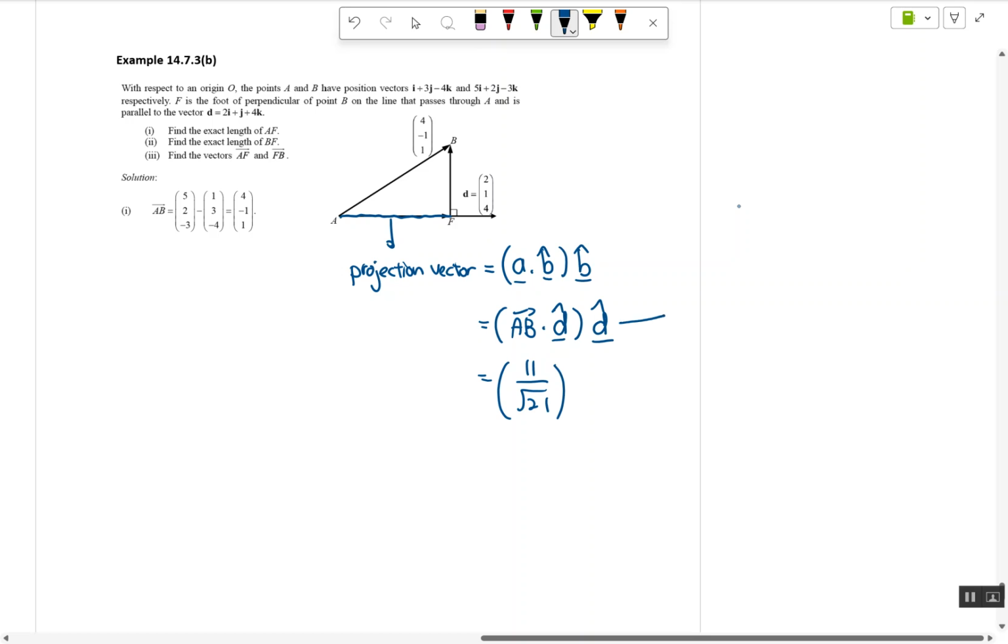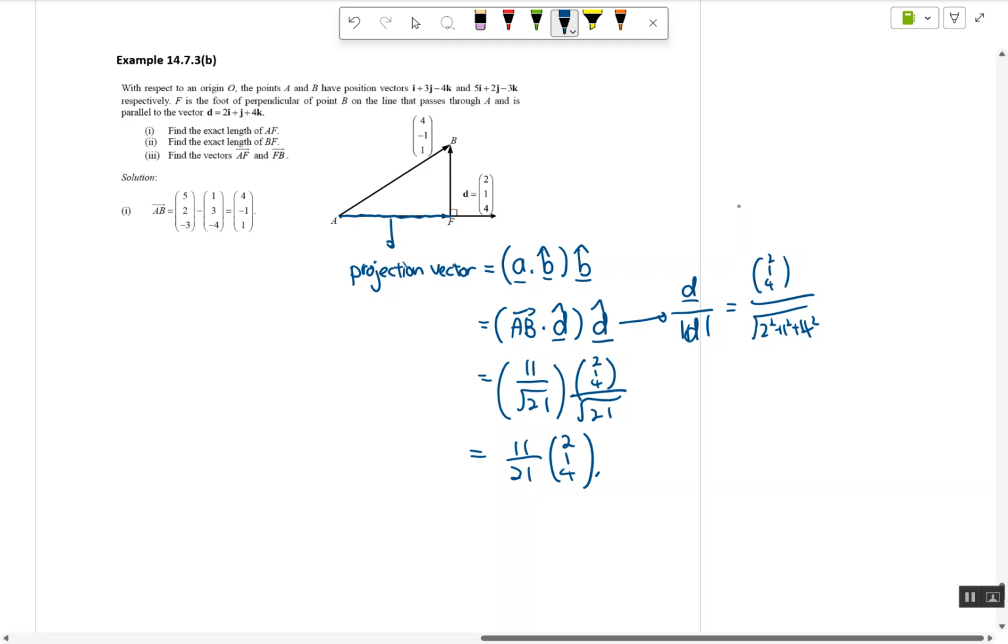Again, D hat would just be D over the magnitude of D, and that would be (2, 1, 4) over the square root of 2 squared plus 1 squared plus 4 squared. So that would be (2, 1, 4), which is a vector, over square root 21. So the final answer would be 11 over 21 times the vector (2, 1, 4).